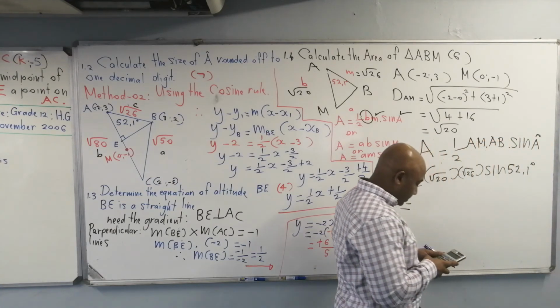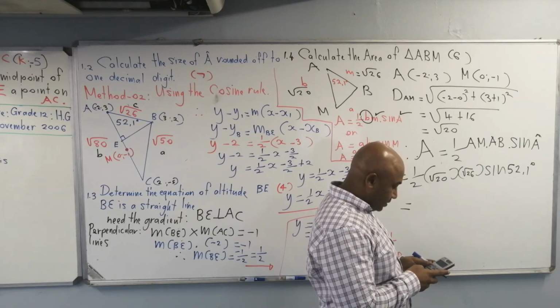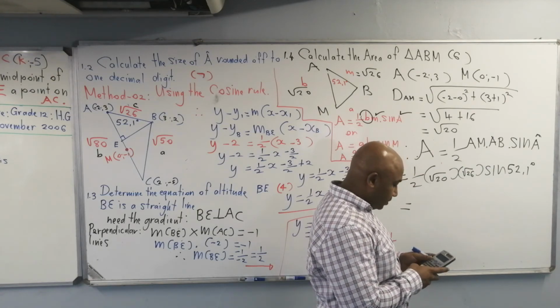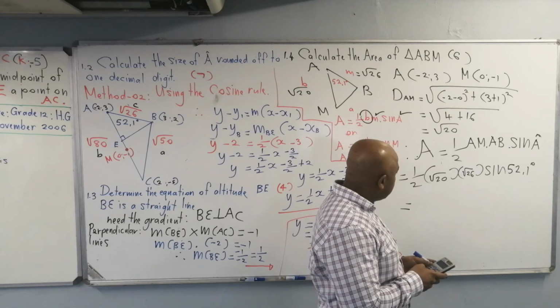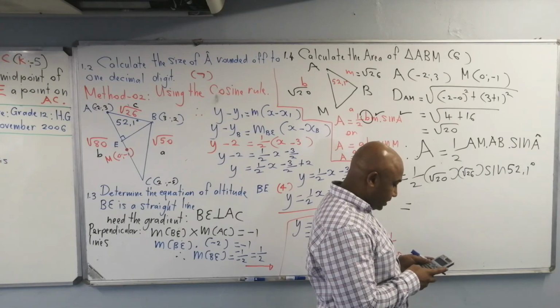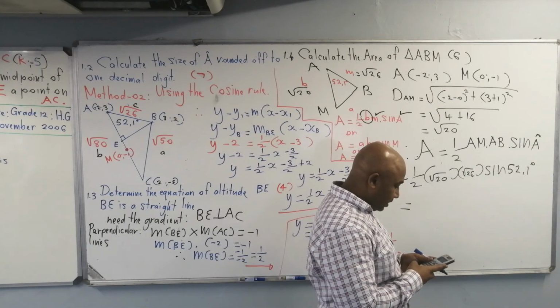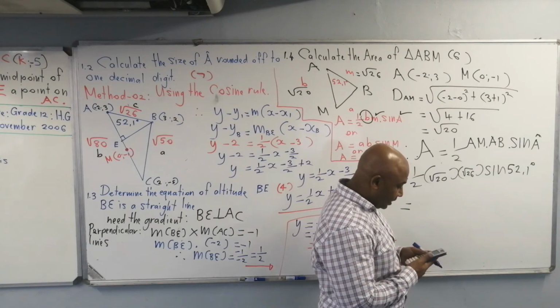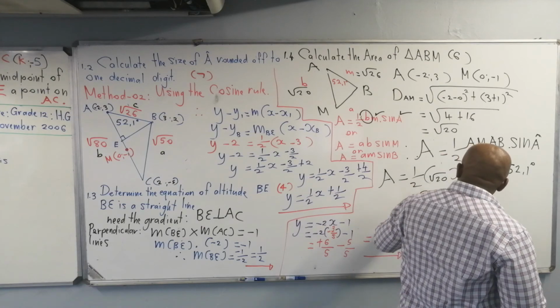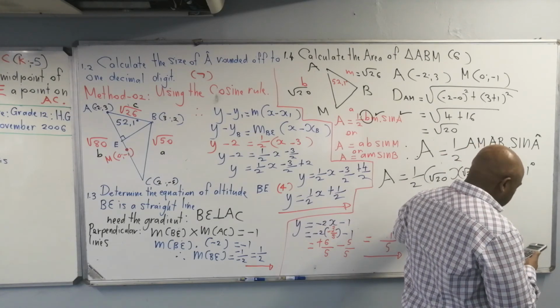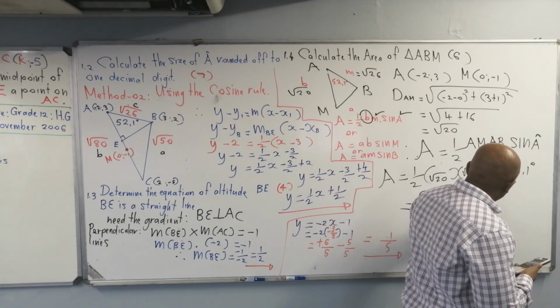Let's work it out. So we got half times the square root of 20 times the square root of 26 times sine of 52,1 angle in degrees. So we get 8,99694.